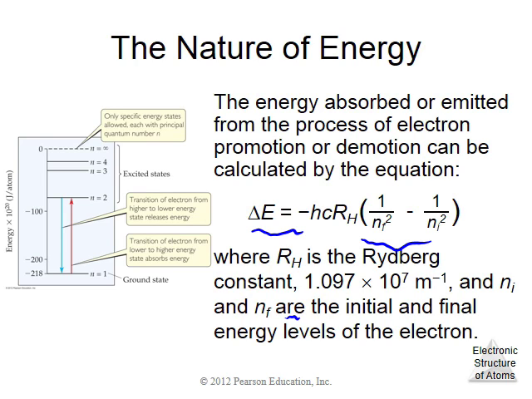If you follow the red line on the left hand side figure, that means that particular electron started at n equals 1, at the very bottom level, and then it moved to n equals 2. So the final n value is 2 in this particular case, and the initial value is 1. Similarly, an electron can even go to n equals 3, 4, 5.